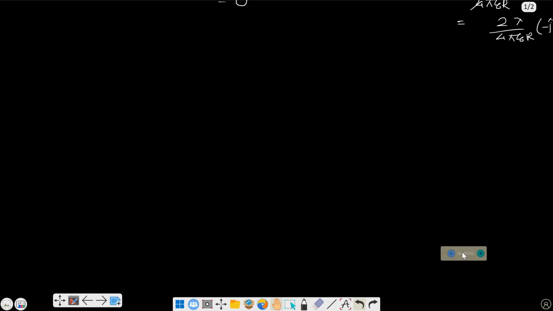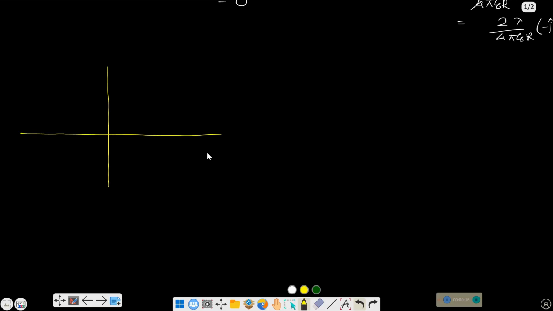Now, again, let us write the net electric field at the center of this arc. This is your y-axis, this is your x-axis, and this was our arc, having charge density lambda.